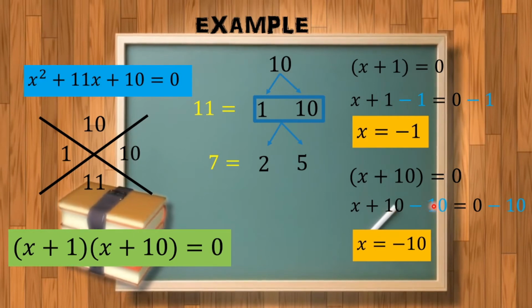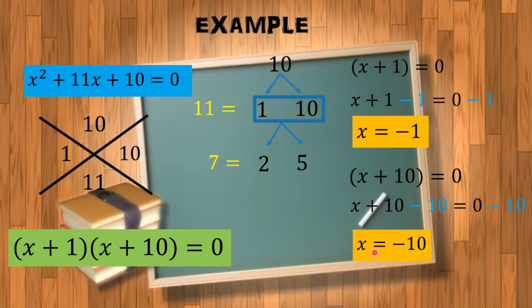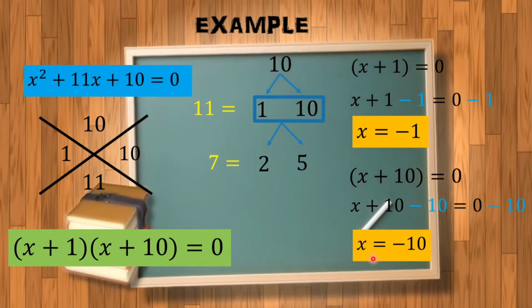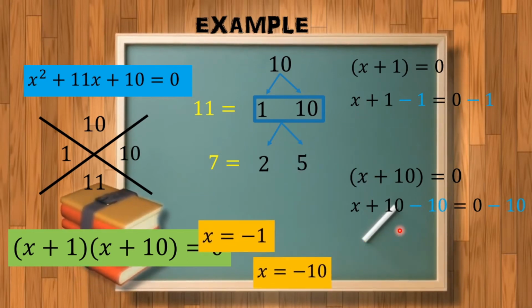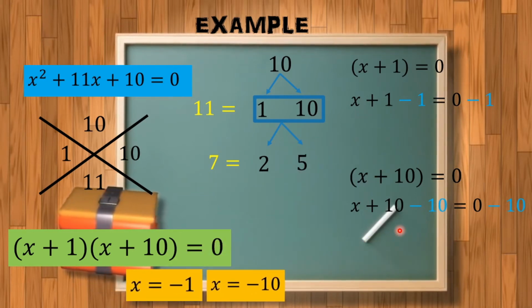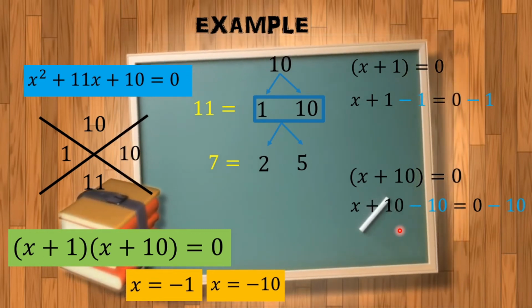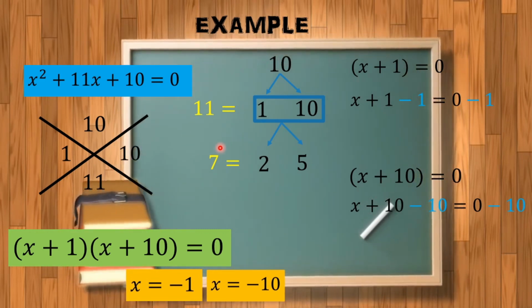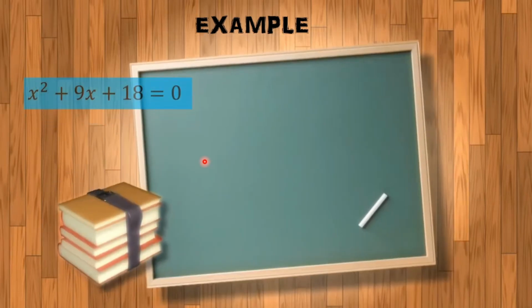The left side must be equal to 0: 10 minus 10 is 0, and 0 minus 10 is -10. So our second root is x is equal to -10, and our roots are x is equal to -1 and x is equal to -10. Okay, so that's it. So let us proceed again to the next example.